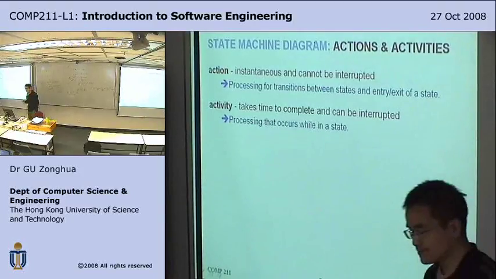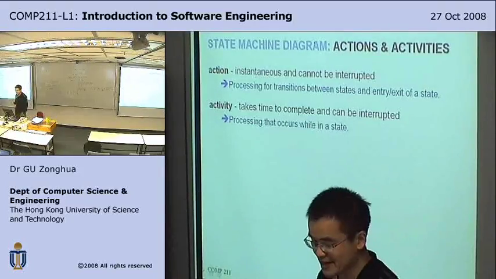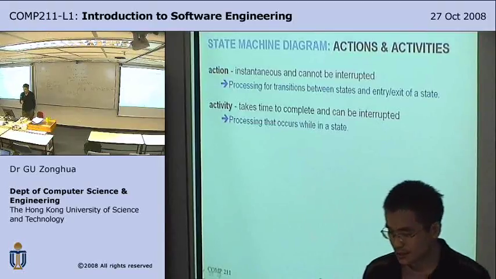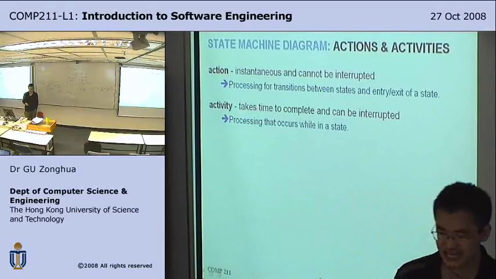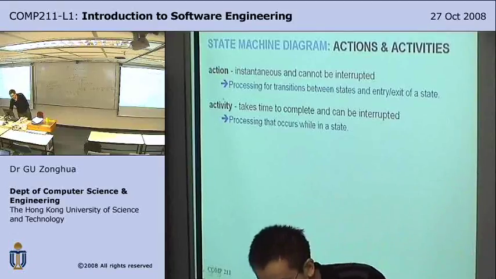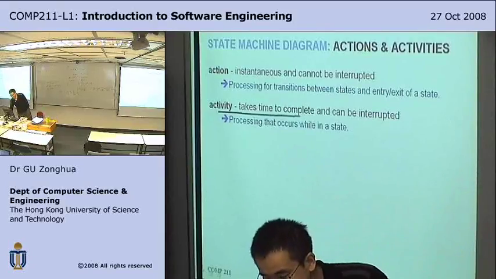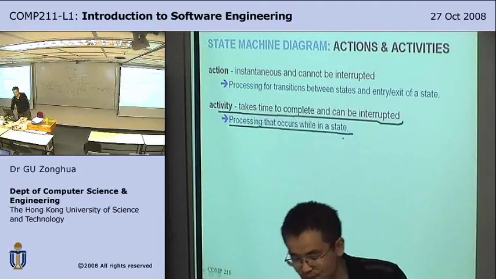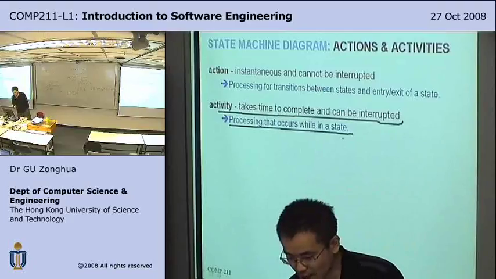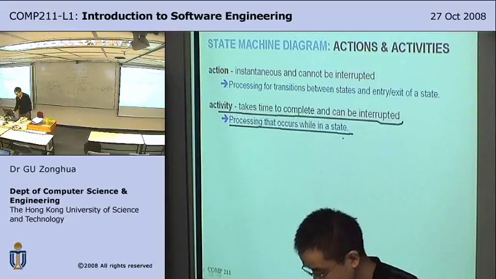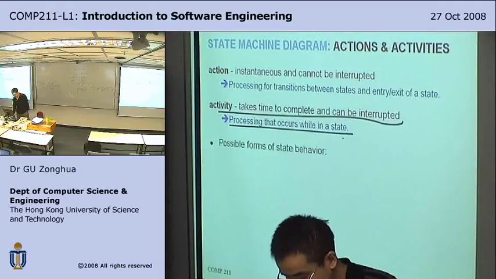That is, typically an event triggers some actions, and also entry and exit of a state triggers some other actions. Activity takes time to complete and can be interrupted. This is processing that occurs while in a state. I think examples would be good.